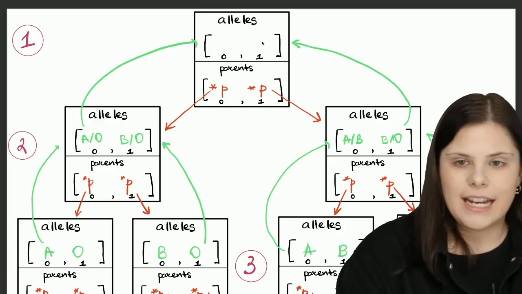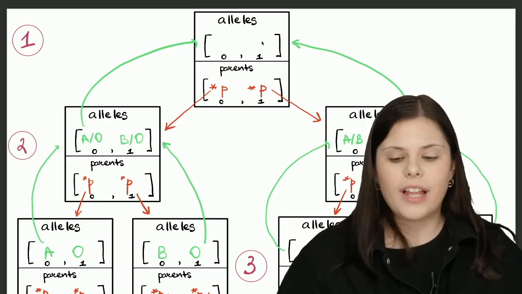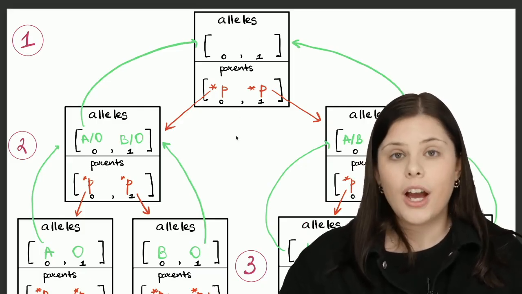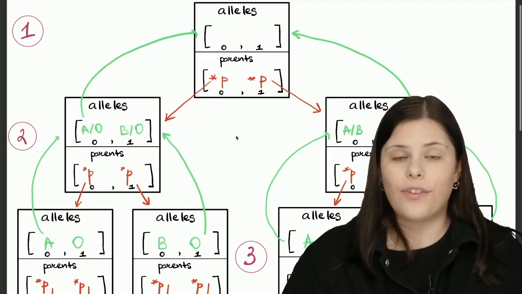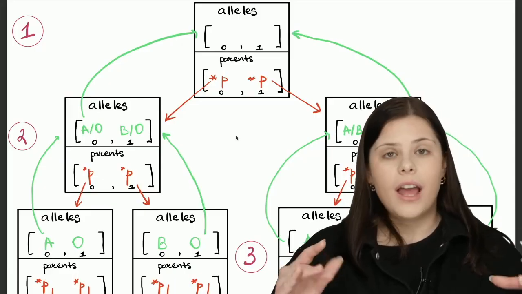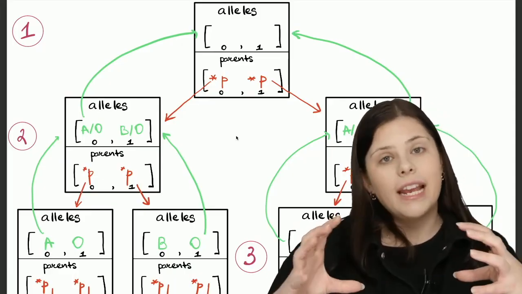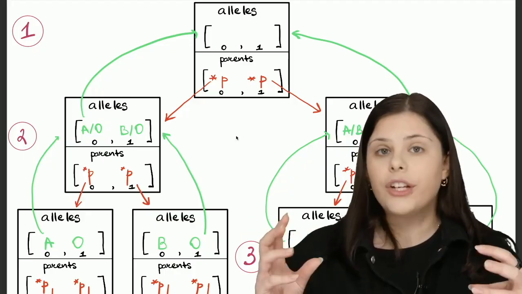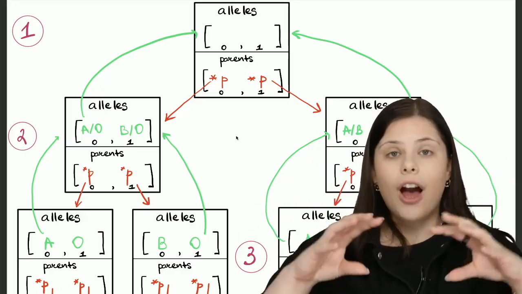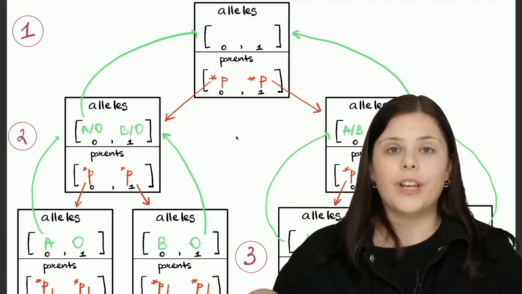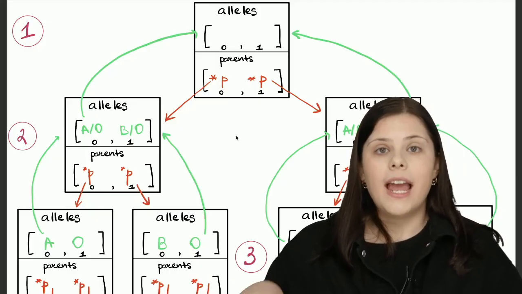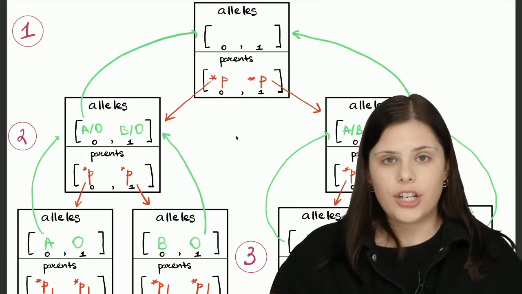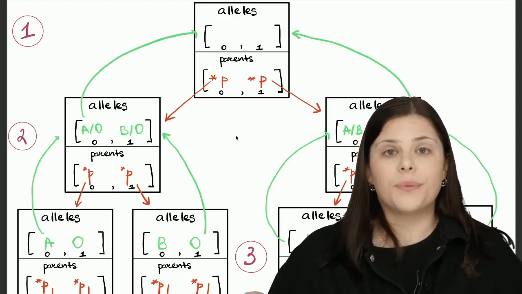So it is definitely harder to visualize if we're just dealing with the code, but this would be a good step to take when you're trying to visualize recursion. What is actually going on is we're pre-creating these empty variables or structures, and then we're going top to bottom until we reach our base case. And in this case, our base case is, are we at the third generation? And if we are, this is where we want to stop.